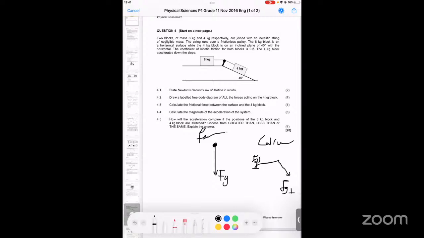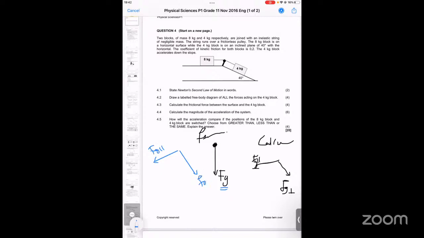You will see on old past papers, they say for a learner who did not include FG but included both components, FG parallel and FG perpendicular, give them a correct.